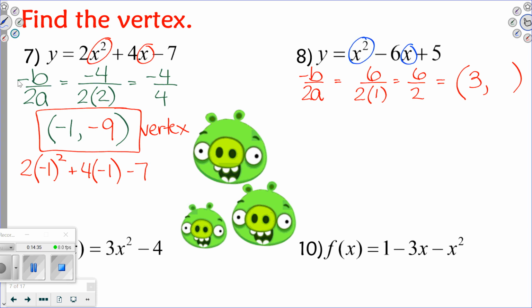Anywhere you see an x, we're going to plug that in. So we have 3 squared minus 6 times 3 plus 5. What do we get? Let's put my mental math versus your guys' calculators. -4, good.